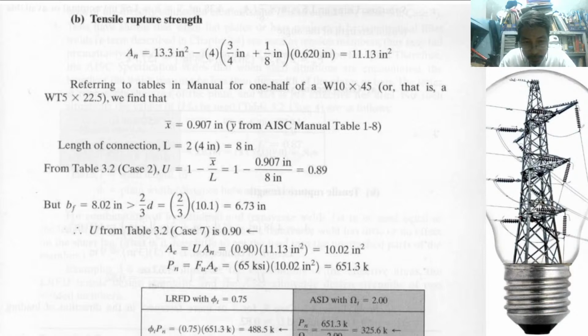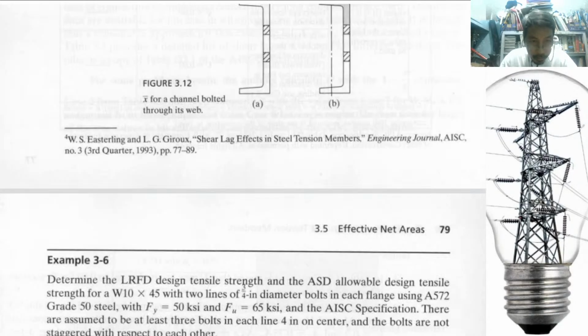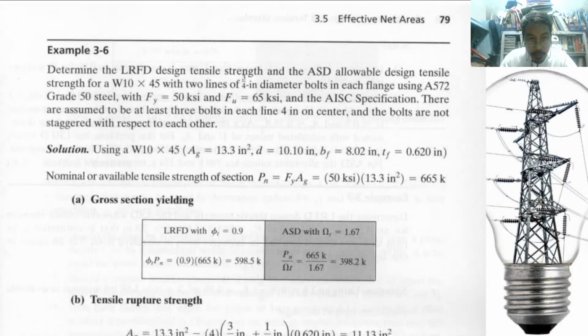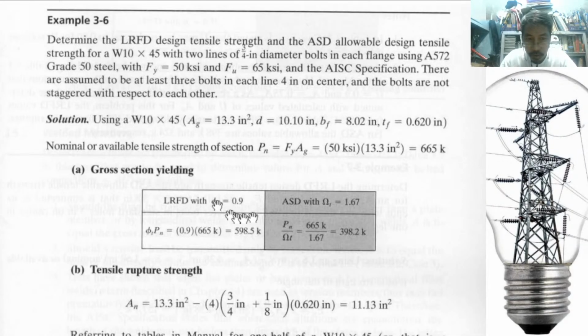But we are actually looking at tension rupture. 0.9 is for gross.